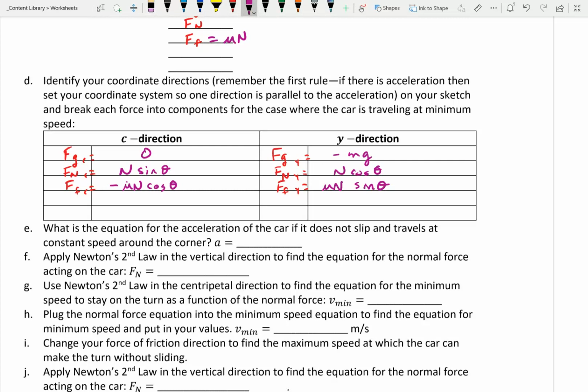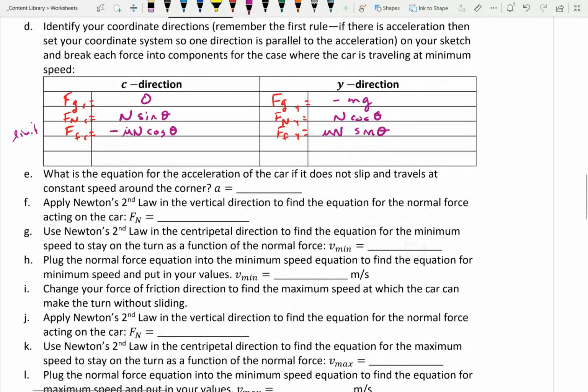What is the equation for the acceleration of the car if it does not slip and travels at constant speed around the corner? Now, notice again, I put the force of friction with an equality. Really, the force of friction is less than or equal to mu n. But here I put the limiting case where the force of friction is equal to mu n.